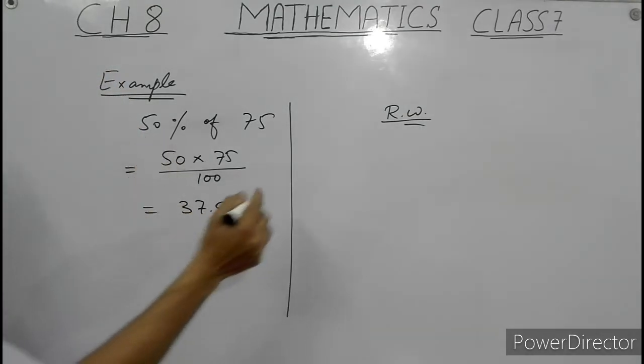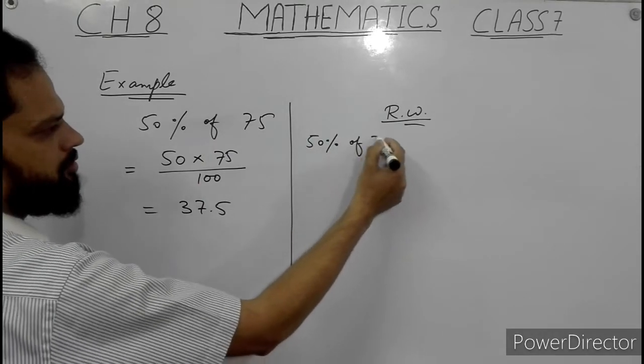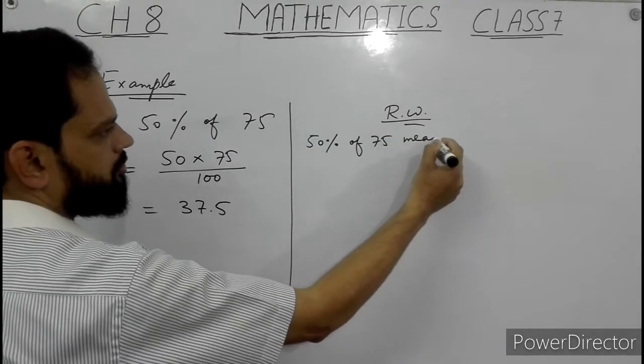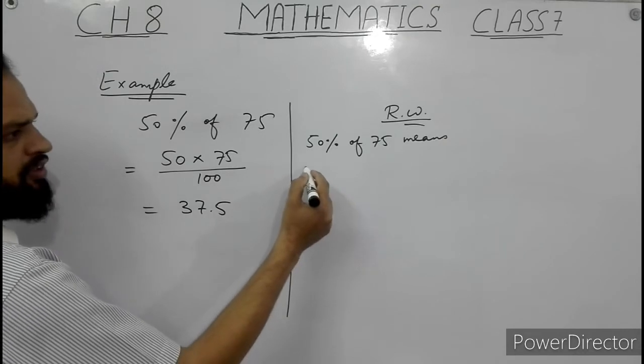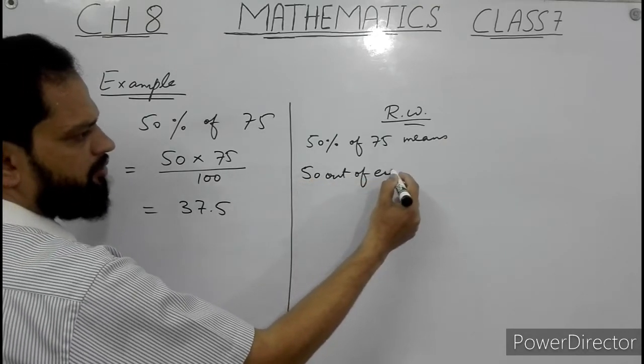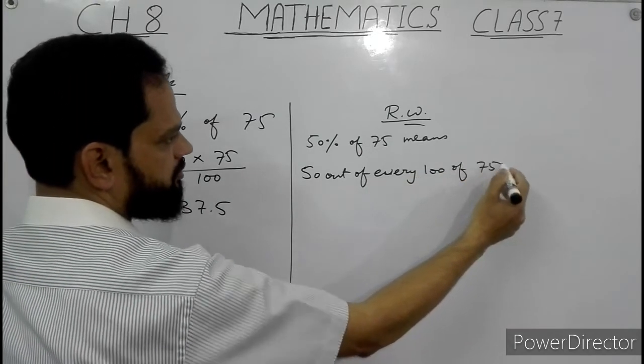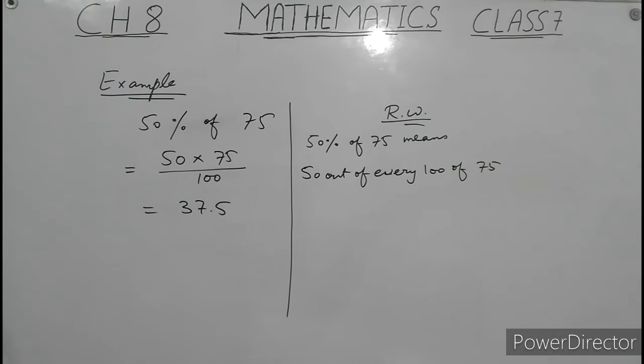So 50% of 75 means 50 out of every 100 of 75. But we cannot take 100 from 75.